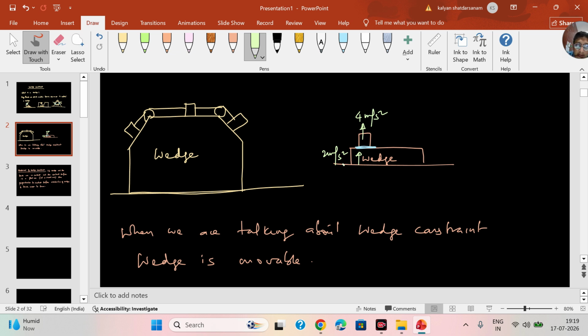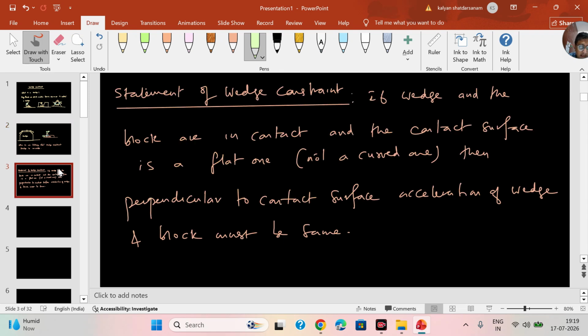Then there is no contact. So if you look here, if the wedge and block are to be in contact, then they should have same acceleration perpendicular to contact surface, provided the contact surface is a flat one.